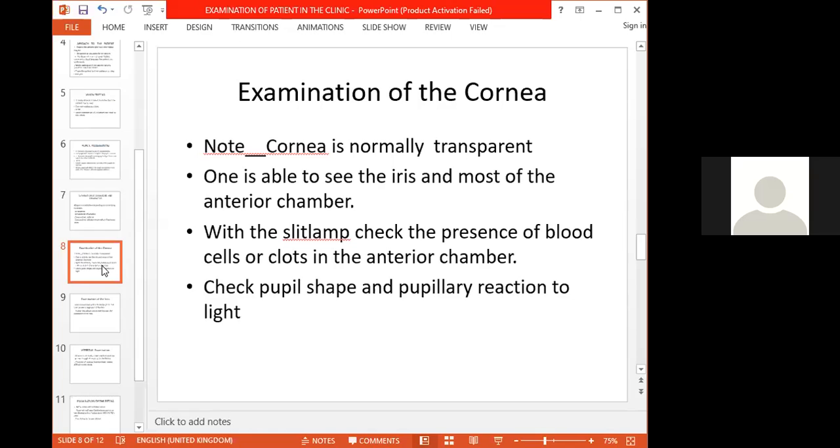You have to start from outside, the lid margin, then you go to the conjunctiva, especially the conjunctival fornix, then the bulbar conjunctiva, the conjunctiva covering the eyeball, and look at the limbus. If the inflammation is predominantly perilimbal, you are probably dealing with a problem of the cornea. That's what gives you the perilimbal inflammation.